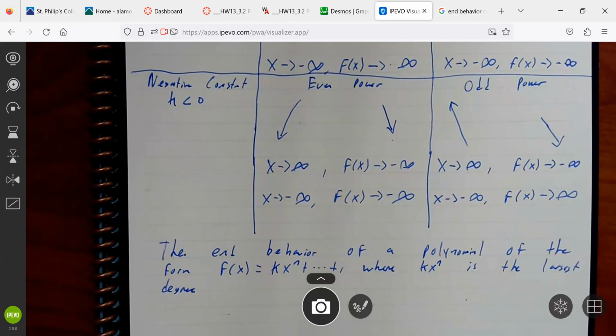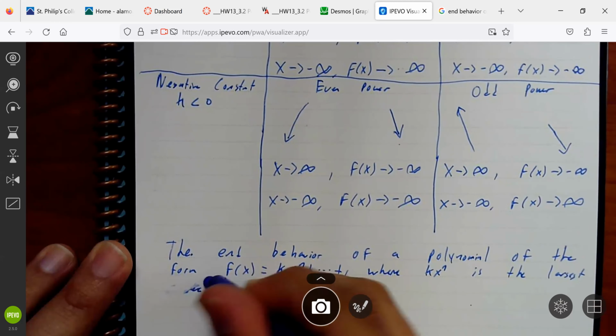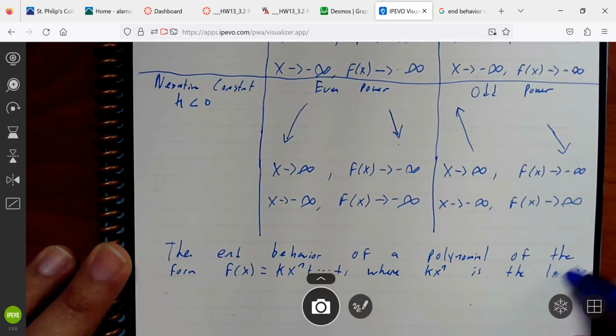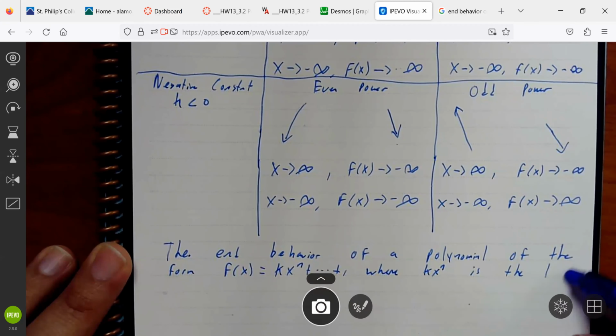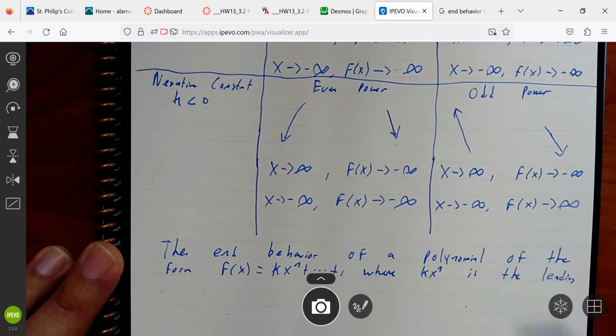I should rephrase that. The leading term is the official word. Leading term.